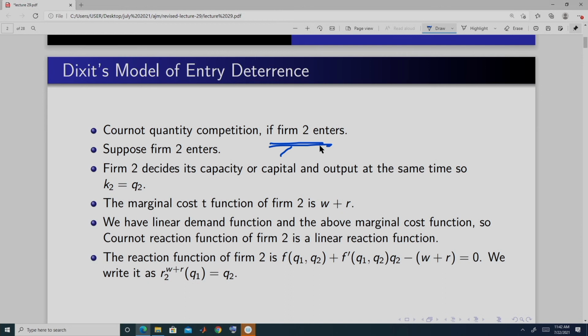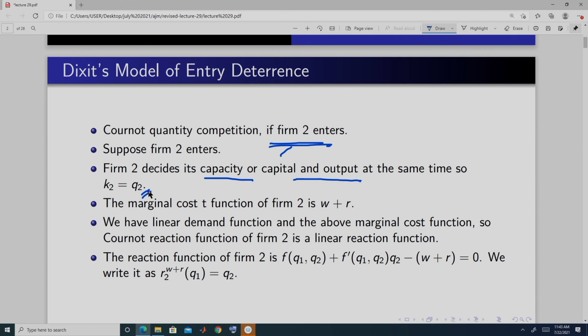Further, firm 2 decides its capacity and capital at the same time. It means that when it is deciding its output, at the same time it is deciding the amount of capacity it wants to have. So it will never have capacity more than its output.